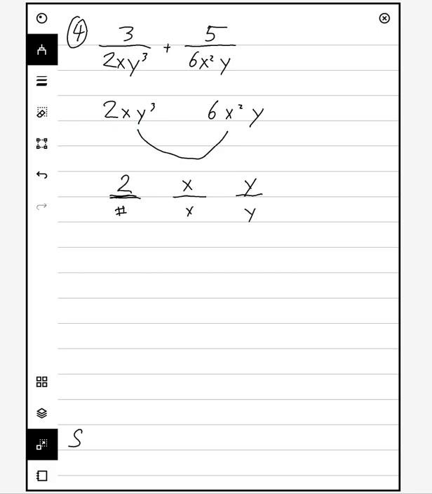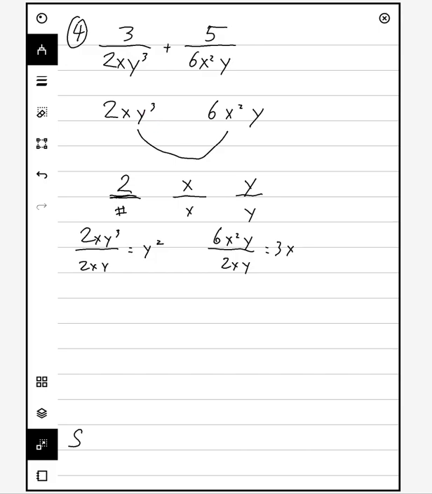So what do we get when we divide each by 2xy? 2xy cubed divided by 2xy gives us y squared. And then 6x squared y divided by 2xy gives us 3x. The reason I did that was because now I need to know what I need to multiply to each side to make them equal.